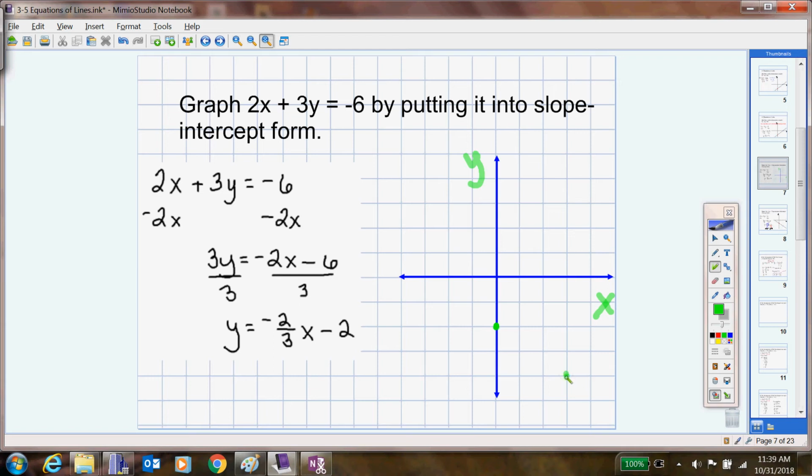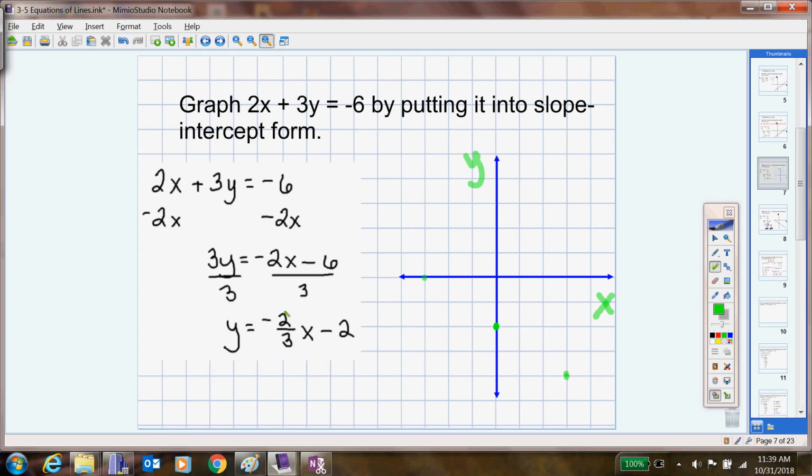But what if I want to have more points? But we're out of space. Where else can I go? I can go up 2, back 3, yes. Because once you start the pattern, you can follow the pattern either direction. This does mean down 2 over 3, right 3. But the negative, remember the negative can live in the numerator or the denominator.